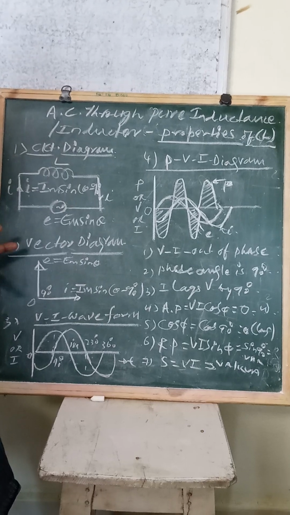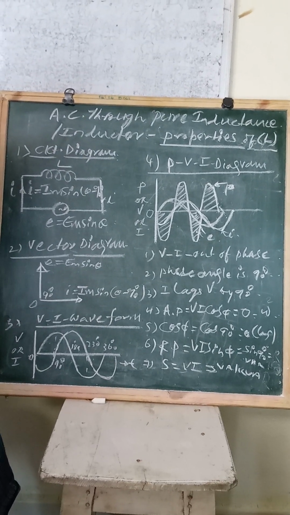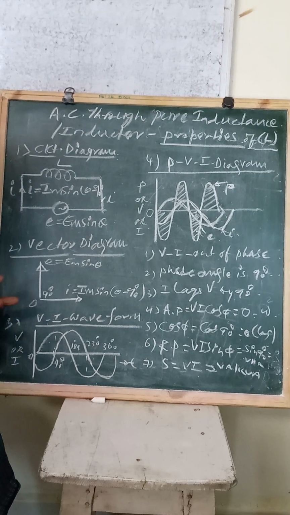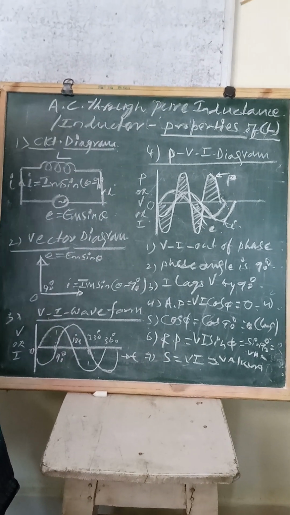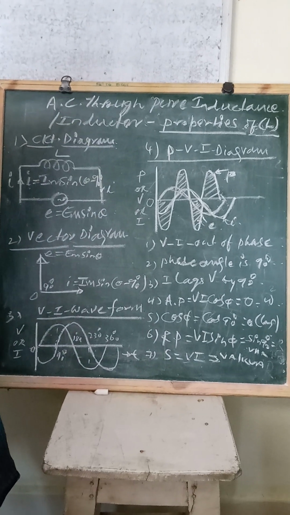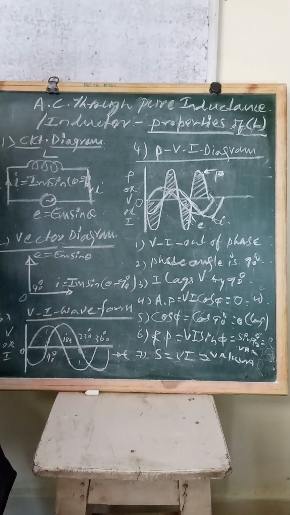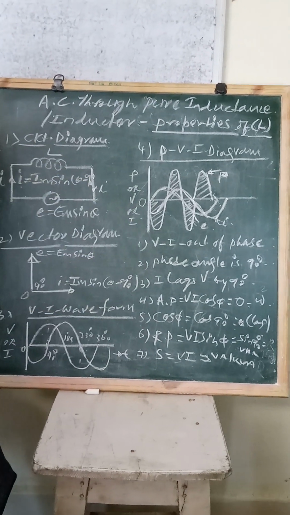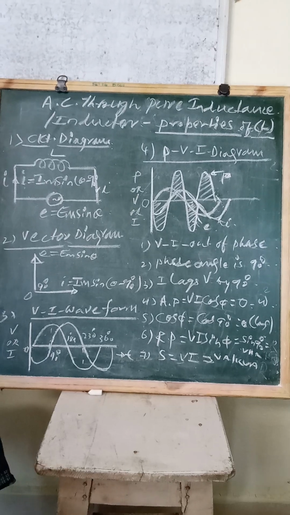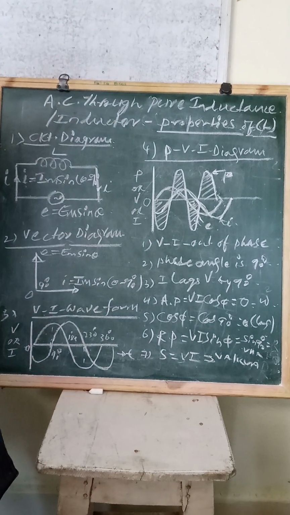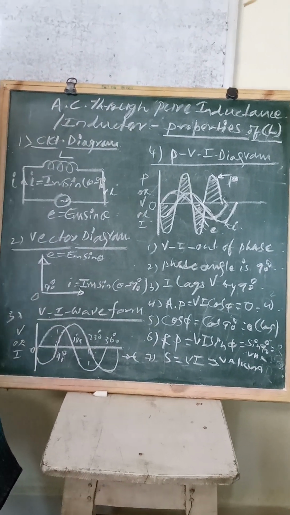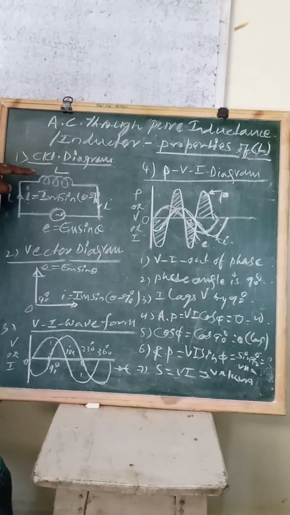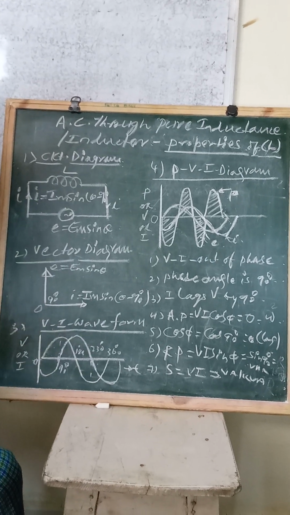Then its performance will be discussed in terms of the vector diagram, waveform, in that the voltage and current relationship, and in the fourth figure, the relation between the power, voltage and current, and the important properties of the pure inductor when it is subjected to the AC. So in figure 1 you can see here a pure inductive coil is connected across the AC supply.